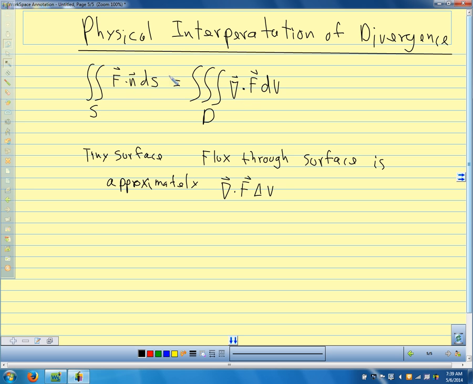The flux is approximately equal to the divergence times the little tiny piece of volume, where delta V is the volume bounded by this tiny surface.